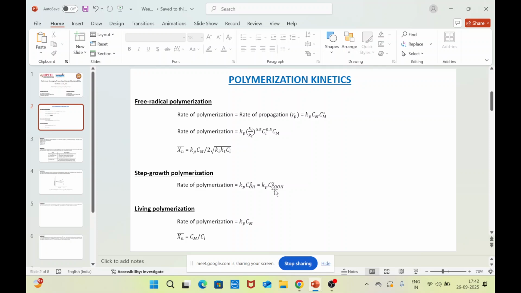So they tend to remain as droplets suspended within, or surrounded by, the solvent medium. In these cases, the droplets of the monomer act as an active center responsible for the polymerization reaction.